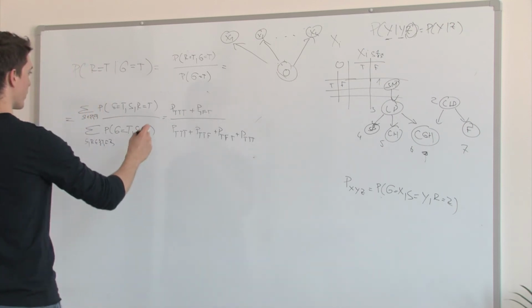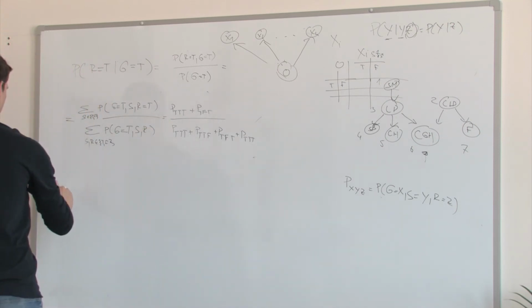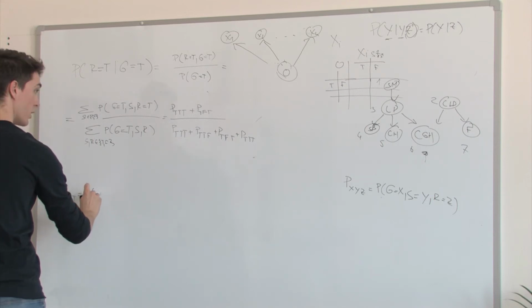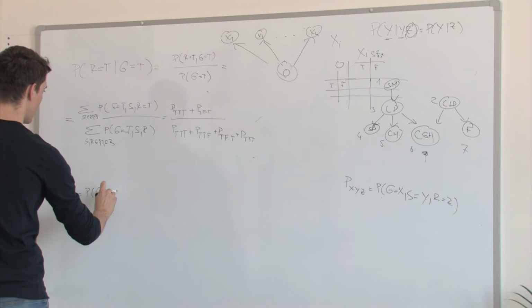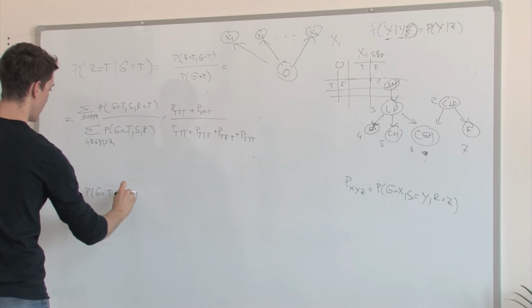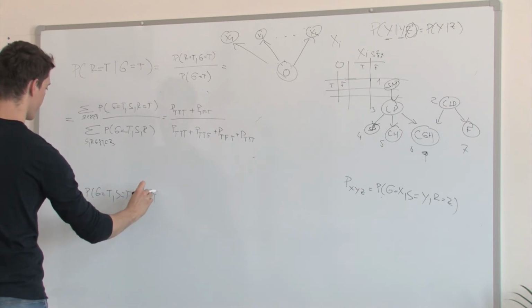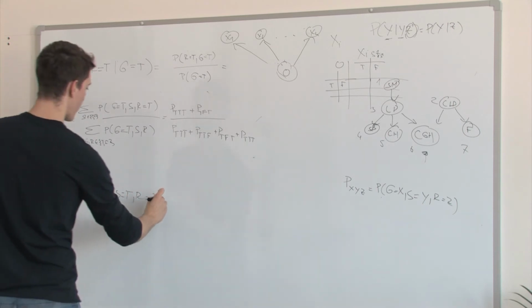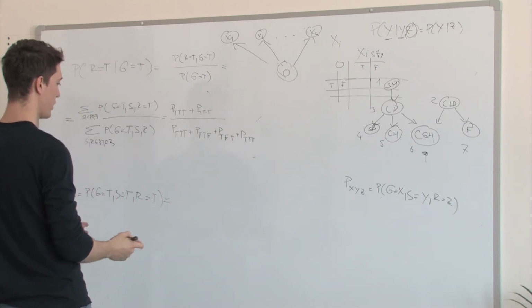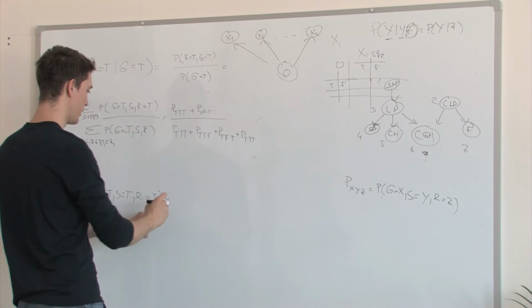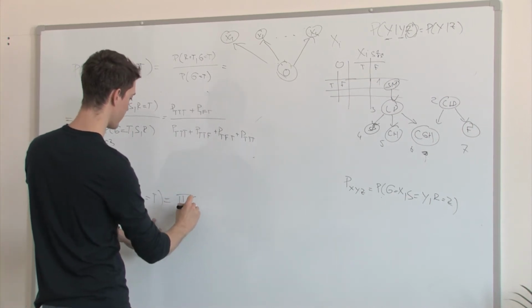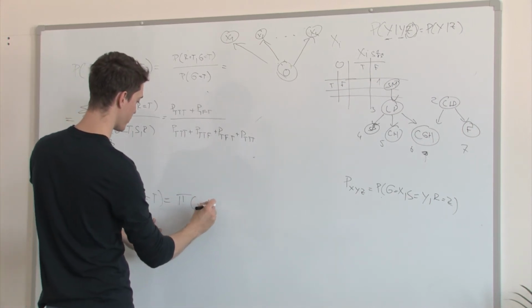So I'll show you how to compute one. Let's say the probability of this, which is the probability of grass being wet, sprinkler being on, and the rain has happened. Now we use the formula that this is equal to the product of each node given its parents.